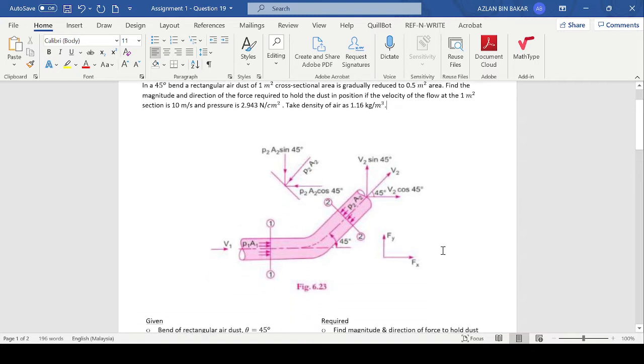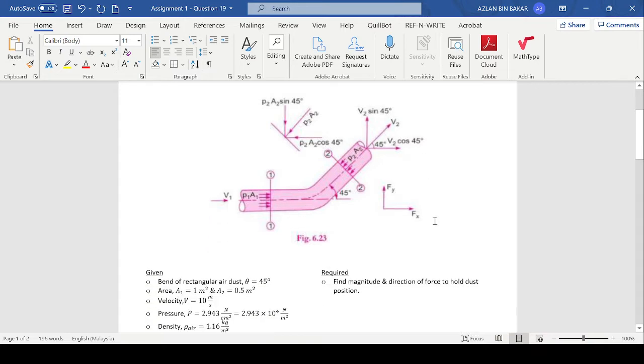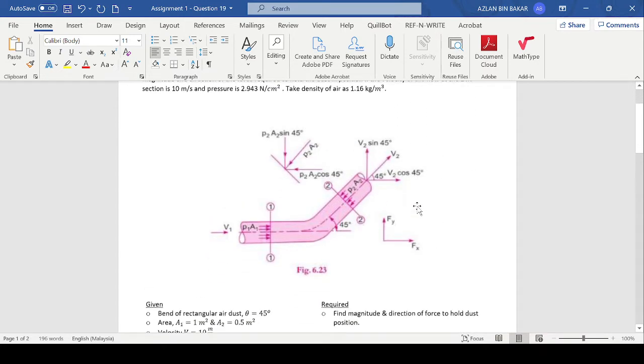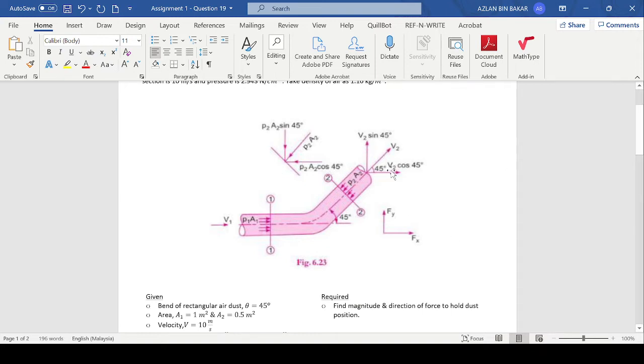The question shows the diagram, and basically we need to find the force to hold the duct position in this tube.